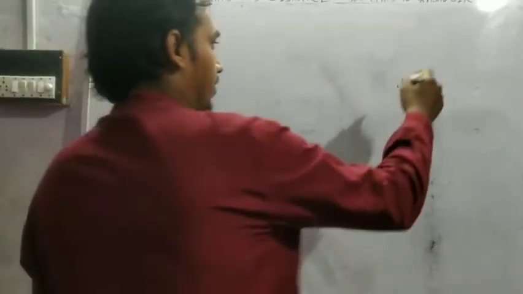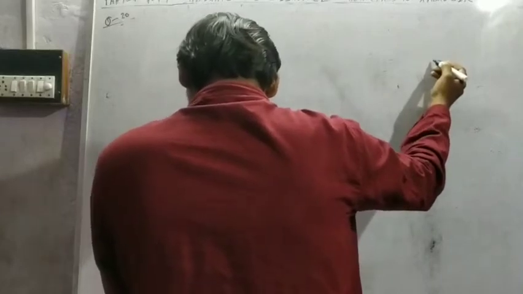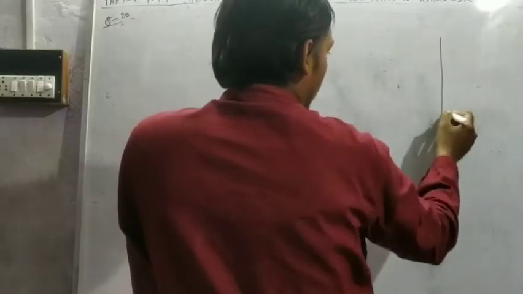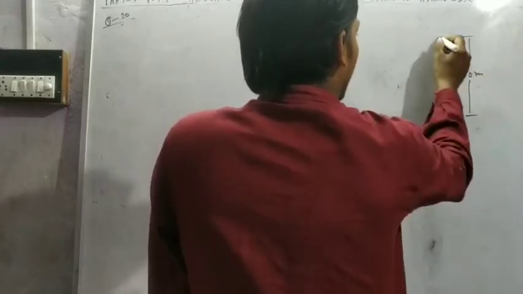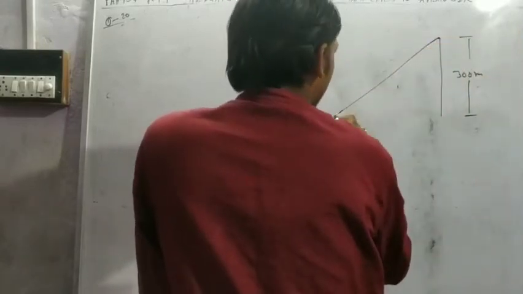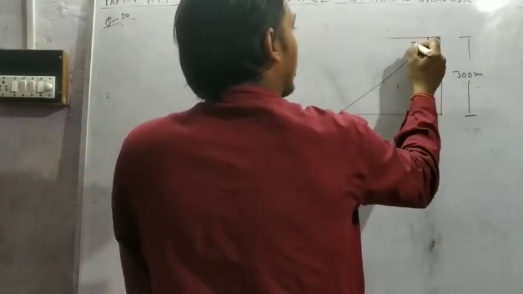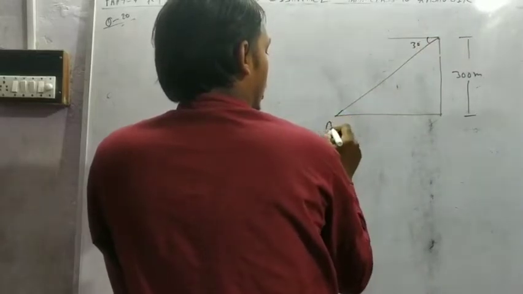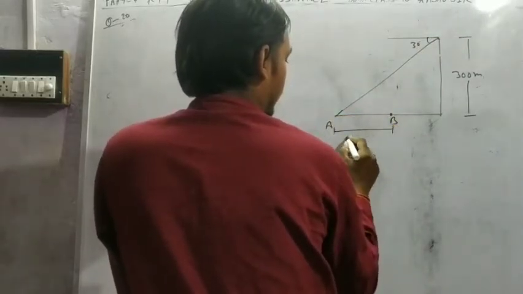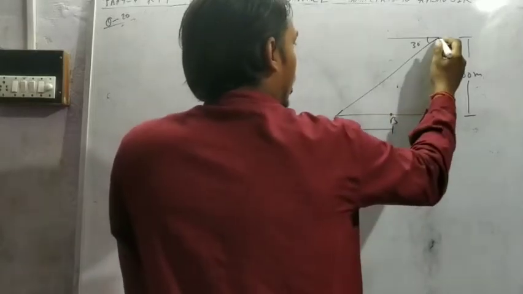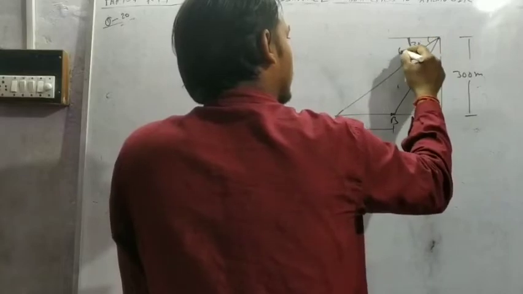Means from a 300-meter high tower, from this point a car comes, the angle of depression is 30 degrees, and after 15 seconds the angle of depression changed to 60 degrees.